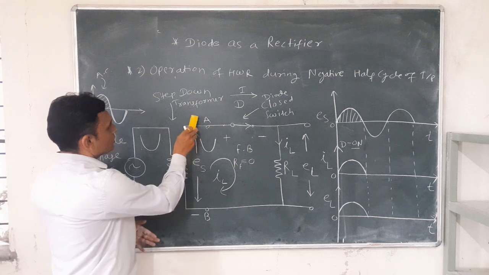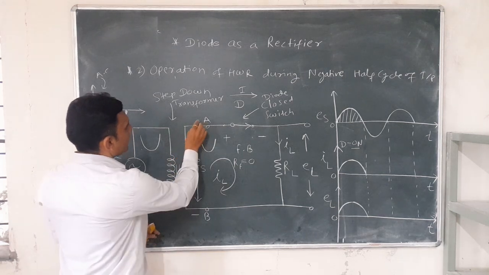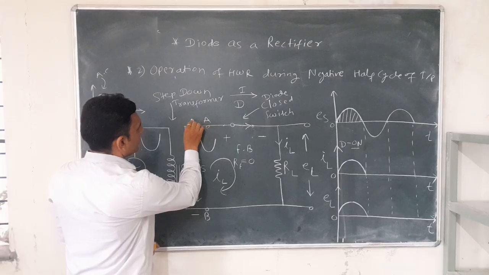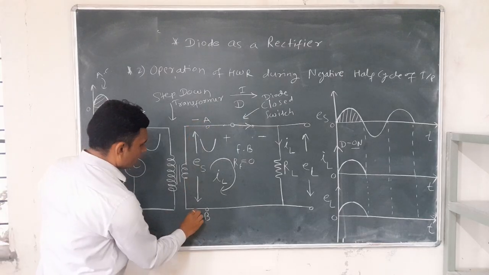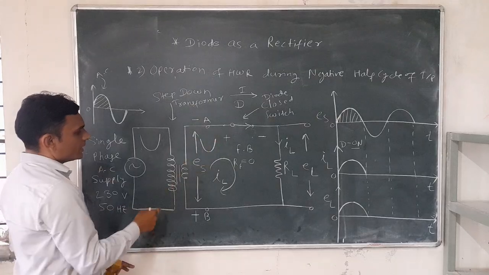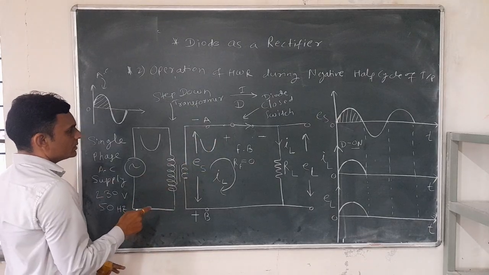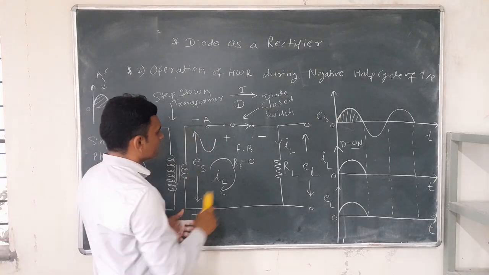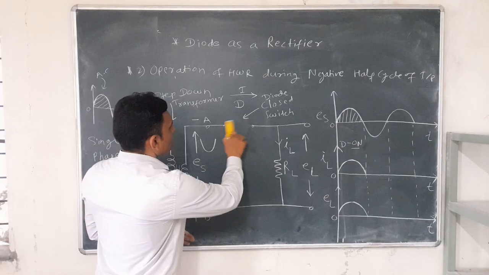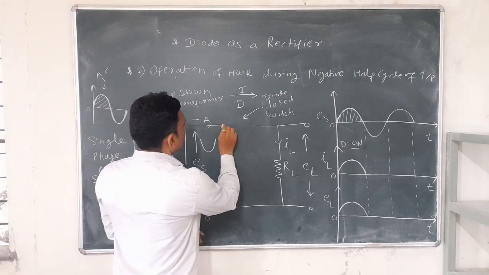So the polarities of these 2 points get changed. Point A becomes negative and point B is positive, because the negative half cycle is produced in the secondary, therefore the polarities are reversed. So again consider the diode.